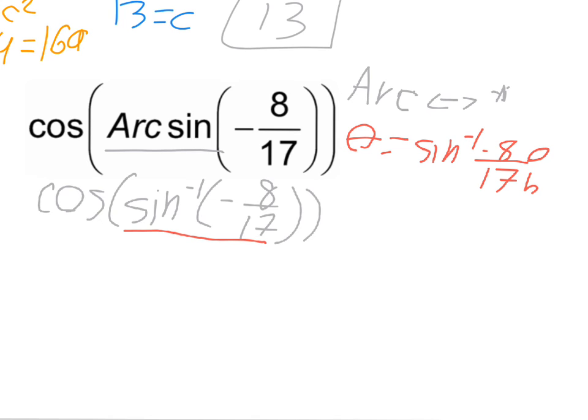So we have an opposite side, a y value that's negative, hypotenuse that's positive. That's going to occur in either quadrant 3 or quadrant 4. For simplicity's sake, I'm going to go with quadrant 4, just so we can cut down on the amount of negatives we use. So build our reference triangle.